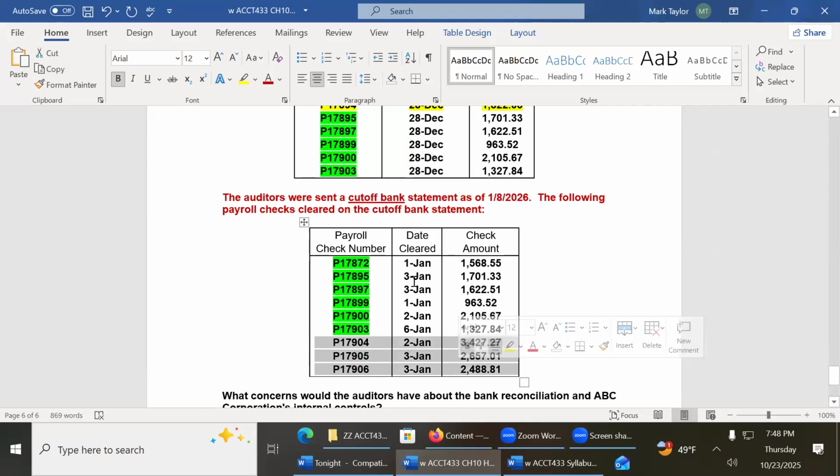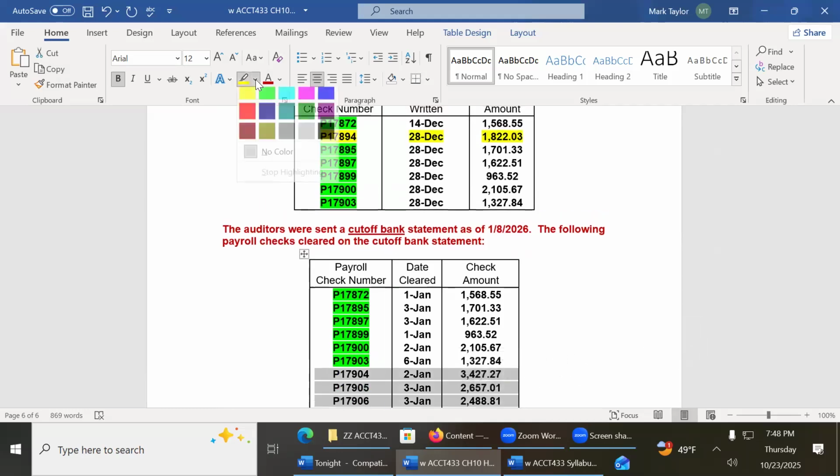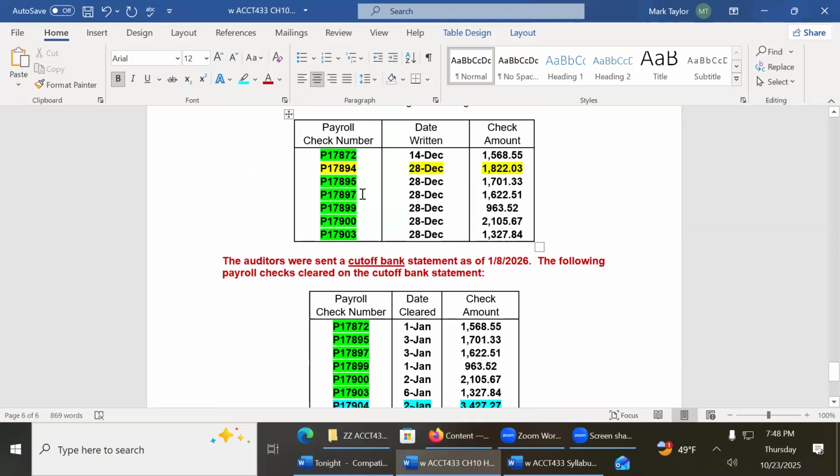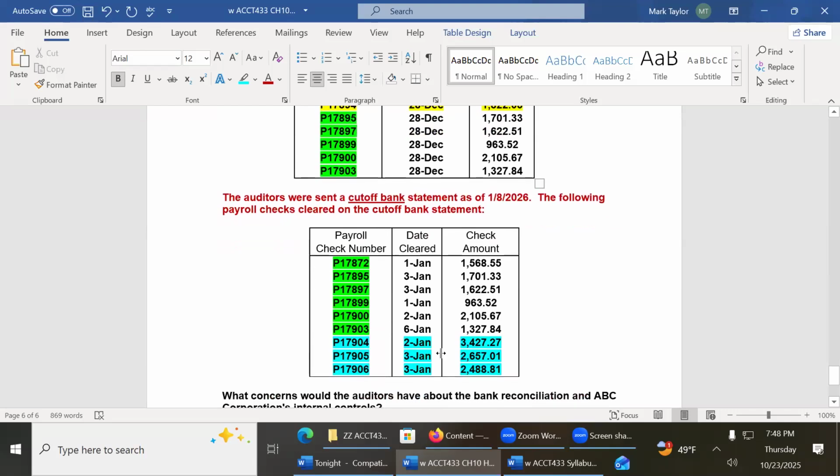Yep. These checks down here. Notice that these were not on the outstanding checks. They cleared in early January, but they were not on the outstanding checklist.